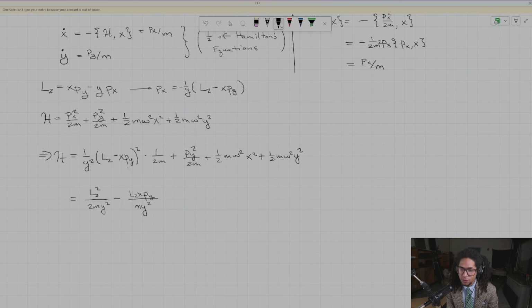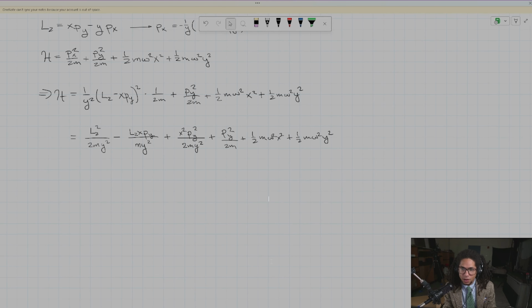Okay, pretty good. And then plus, now I'll get x squared py squared over 2my squared. Okay, great. Then I get py squared over 2m plus 1/2 m omega squared x squared plus 1/2 m omega squared y squared. Now let's get this into its final form before we move on.